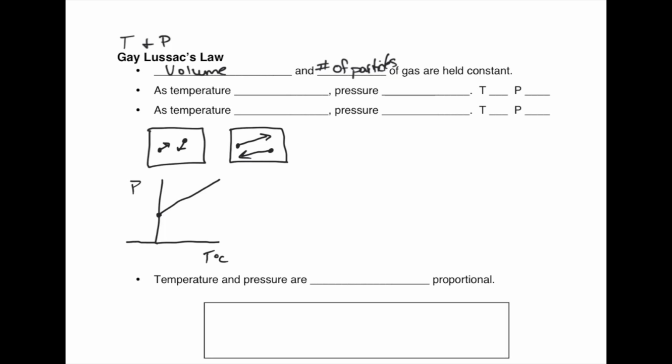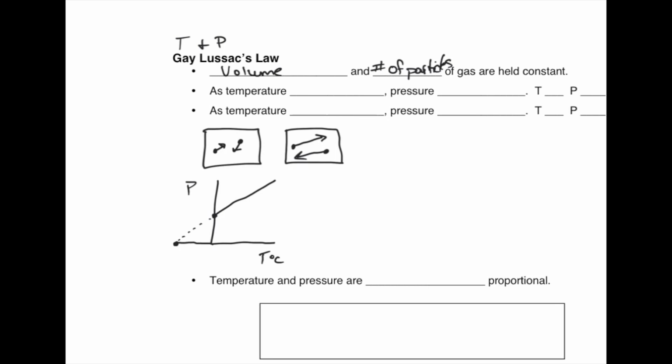If we extend this graph this way, we go to a point right here, and what the particle diagram would look like there is when there's no pressure. Well, the only way to have no pressure and particles is if those particles have no movement, okay? So what is that temperature then in degrees Celsius? This would be 0 pressure, because there's no movement, right? The particles are not colliding with the walls of their container.